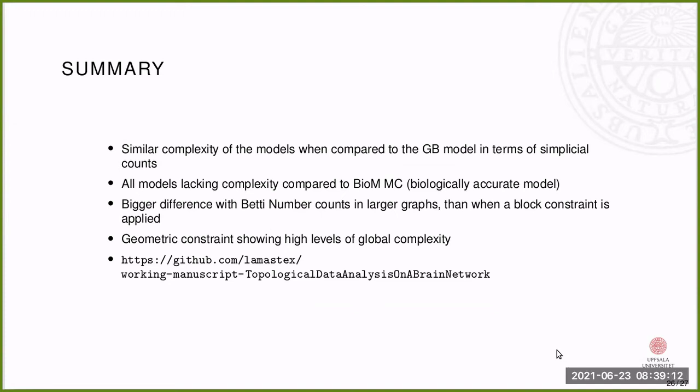And having the block and geometric constraint showed very high levels of global complexity when we apply it to the microconnectome.